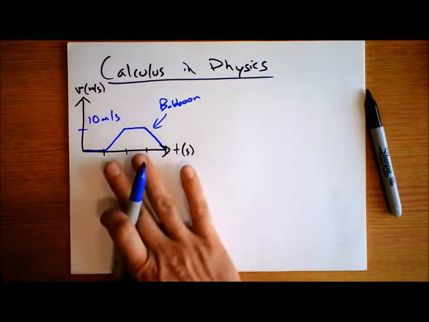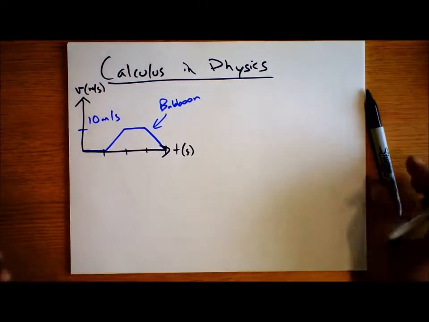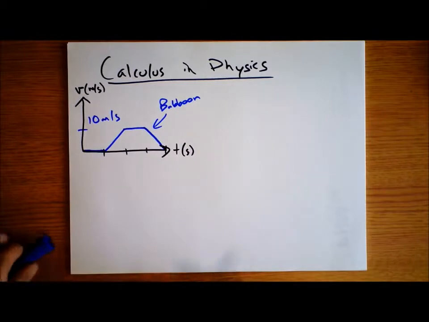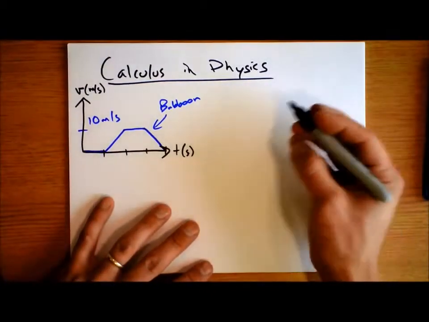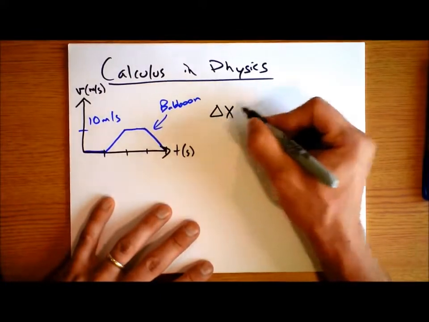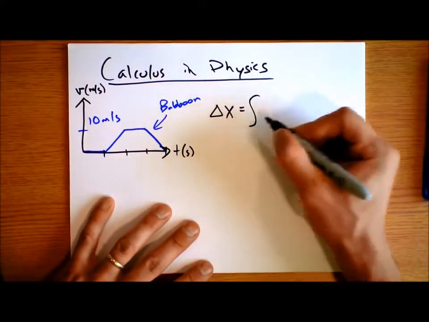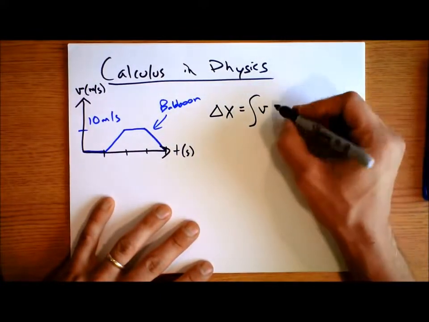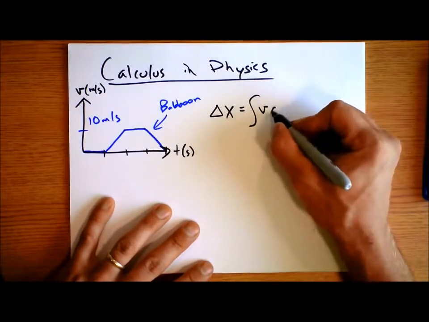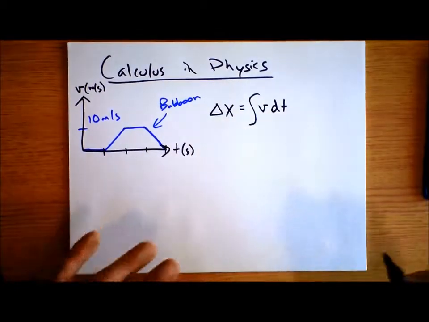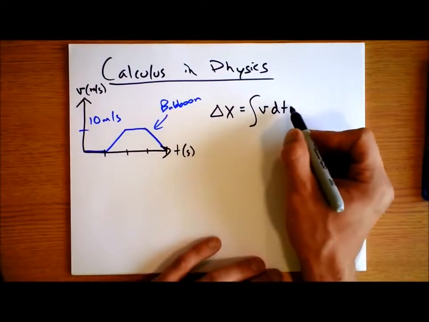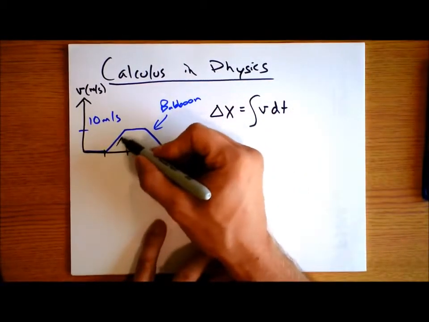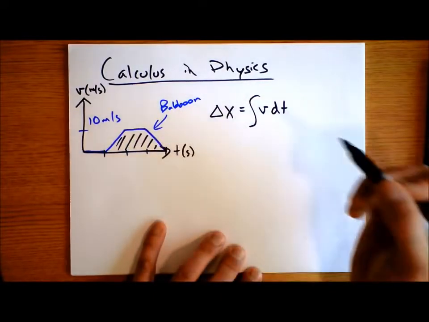What we could ask after showing you a graph like this is, how far has the baboon gone? And that's a simple calculus problem, because we know that displacement is the integral of velocity over time, dt. So we need to take the velocity and integrate it over time, and that means that we're just finding the area underneath this curve.